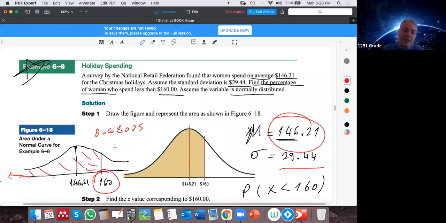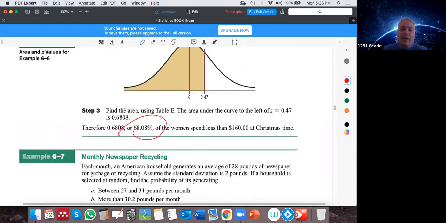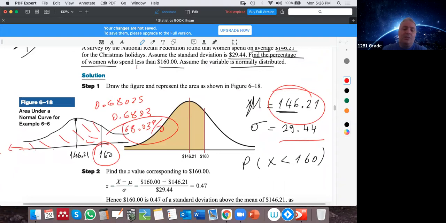It means 0.6803 if I round it, which means 68.03%. So that's my answer if you have the calculator. Now, if you don't have a calculator, by the way, what is the final result? 0.6808. That's good.